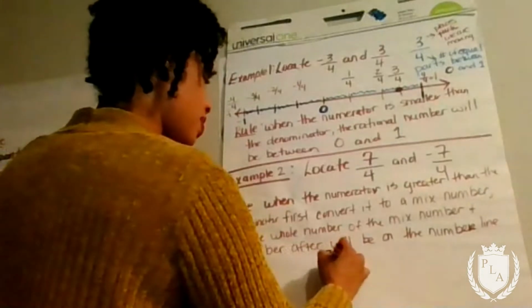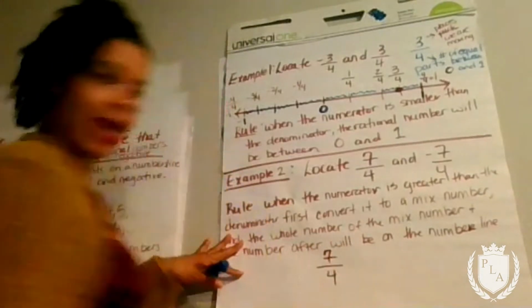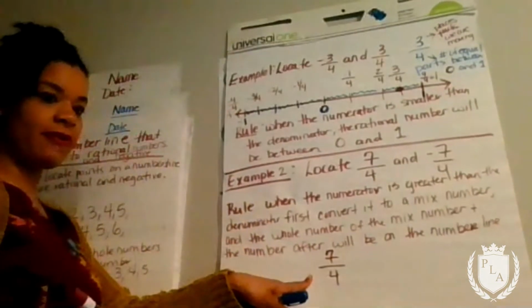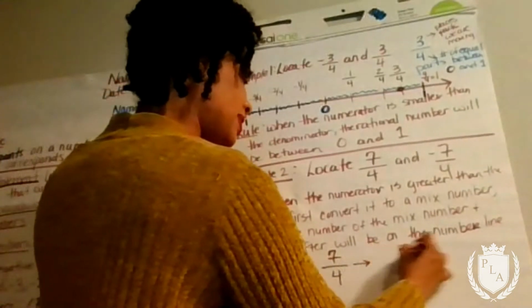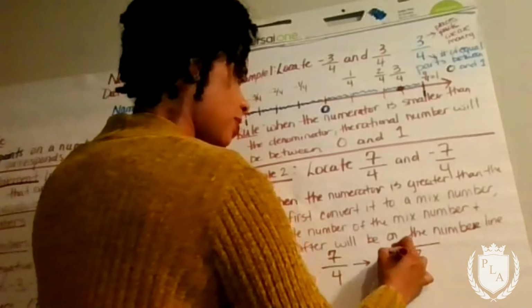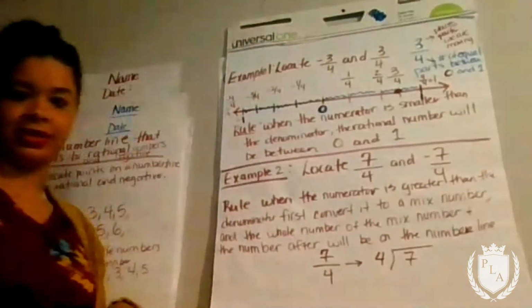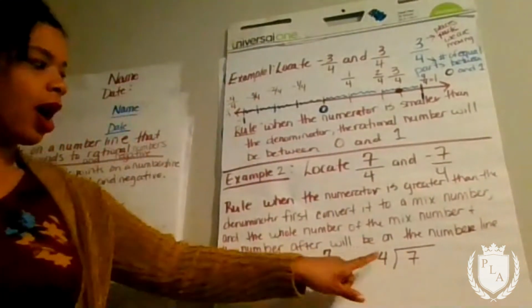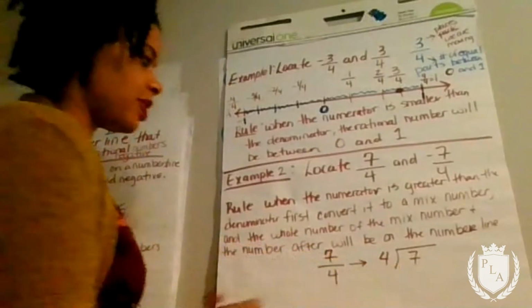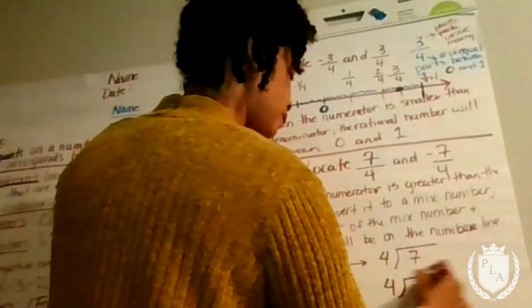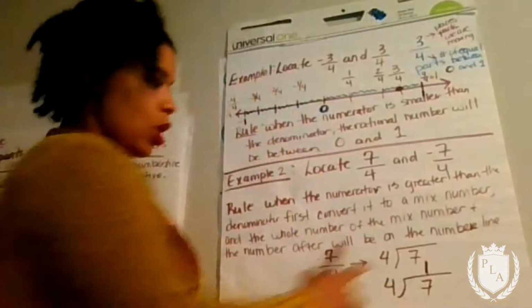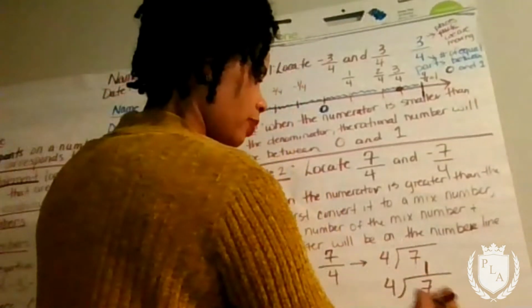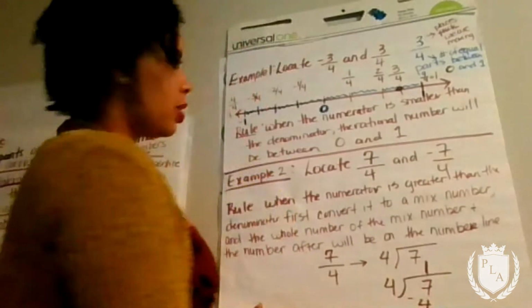So we got 7/4, okay? So to convert 7/4 to a mixed number, remember, the numerator goes inside the house and the denominator goes outside the house, okay? So how many times can 4 go into 7? Let me rewrite it down a little lower. 1 time, okay? 1 times 4 is 4.